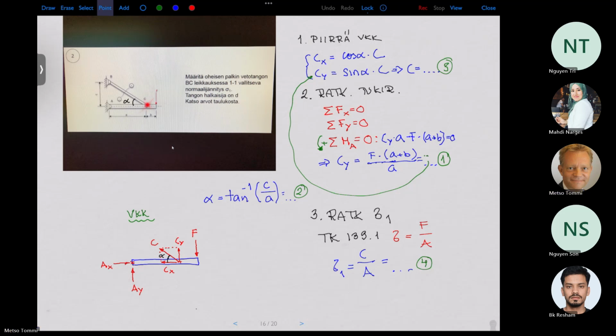Then there is this diagonal rod. You remove it, and because there is a joint at both ends, it can only have normal force. And then you put it here, you see.